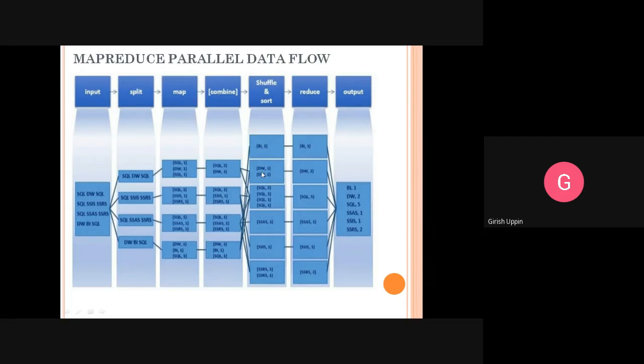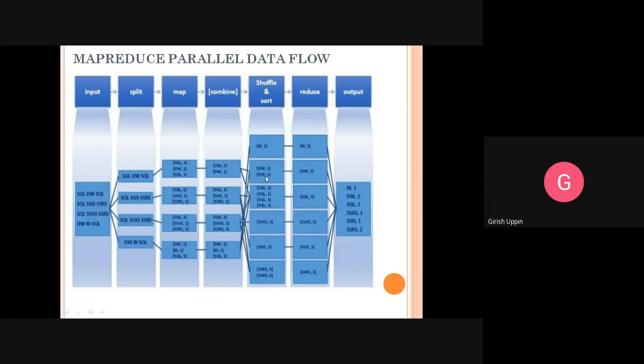Now, how many reducers will we have? It depends on how many shuffled groups we get here. So here we have 1, 2, 3, 4, 5, 6. So we will have 6 reducer programs. You can see BI comma 1 is reduced to BI comma 1.